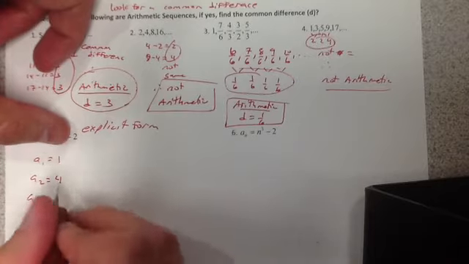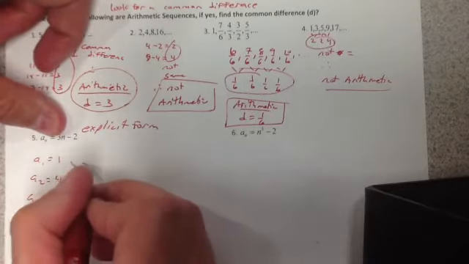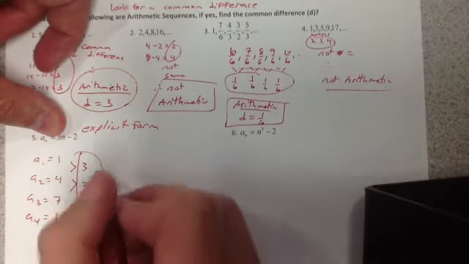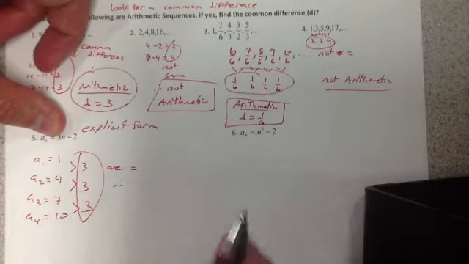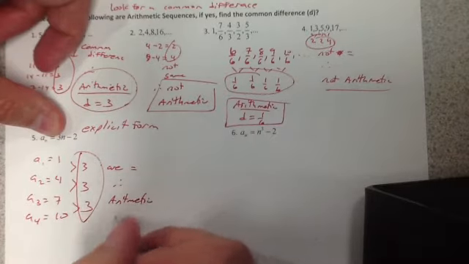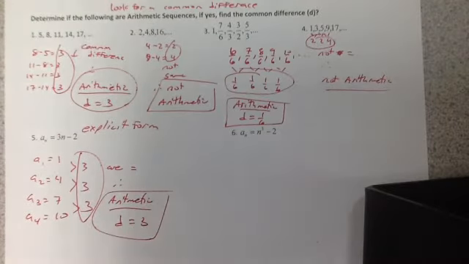A sub 4, which is 12 minus 2, which is 10. Notice, when I subtract them, they all become 3. They are equal. Therefore, this is arithmetic. What's D? 3. Very easy to do. So see if you can try number 6 on your own, okay?